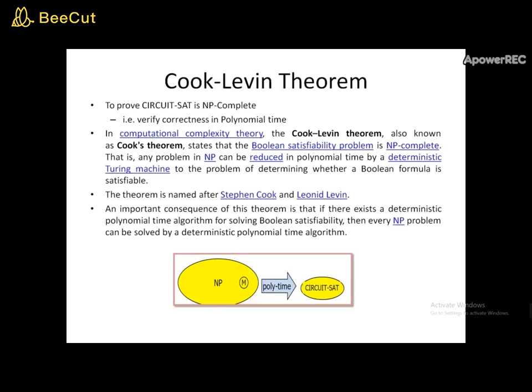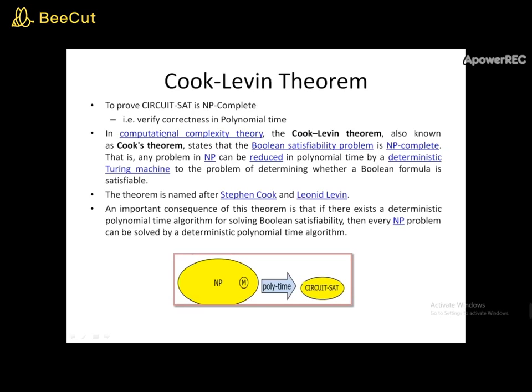Based on this, Stephen Cook and Leonid Levin, the two famous scientists, gave the Cook-Levin theorem. It states that circuit SAT is NP complete. We have seen this, and that is to verify the correctness in polynomial time.